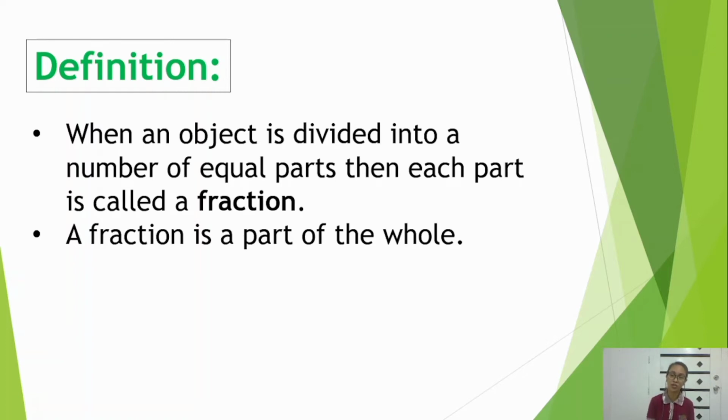So, a fraction is a part of the whole. Like in a whole pizza, when the pizza is equally sliced, for example 8 slices, if you take one, and the slices are equal, that one is a fraction of the pizza.